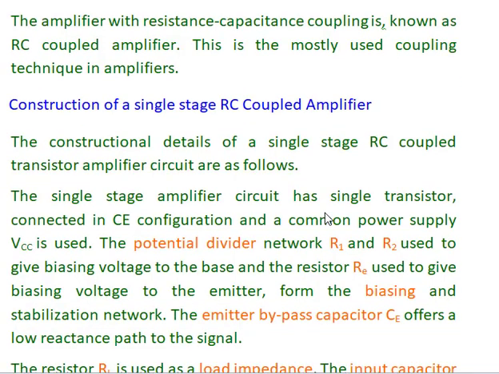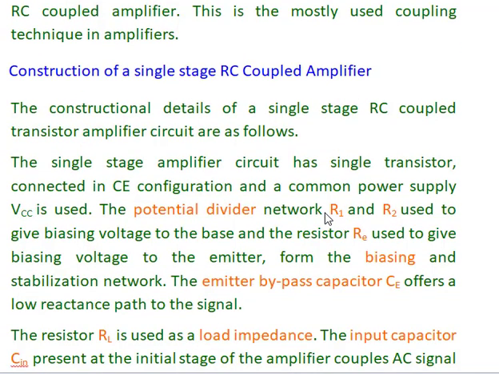The main part of this amplifier is the active part. The active element is the transistor, connected in common emitter configuration. You know well what common emitter configuration is. The transistor consists of emitter, base, and collector.